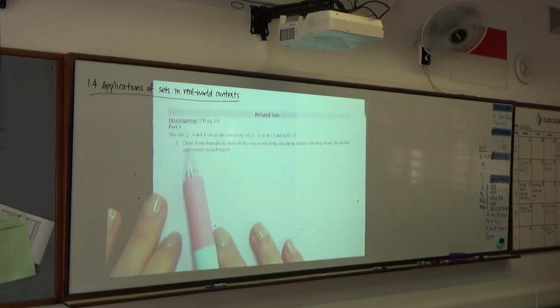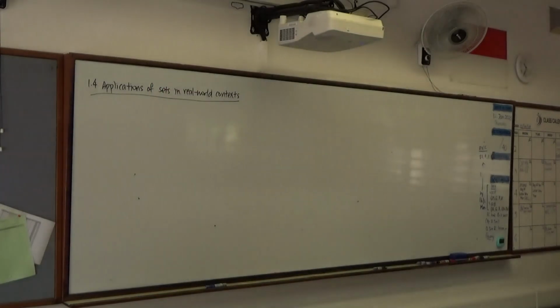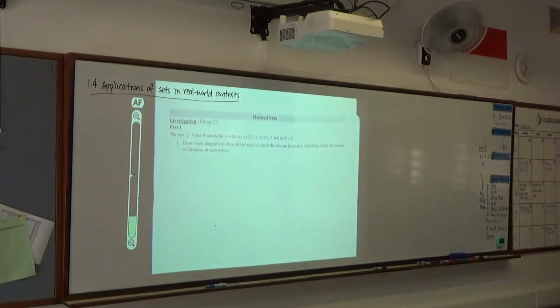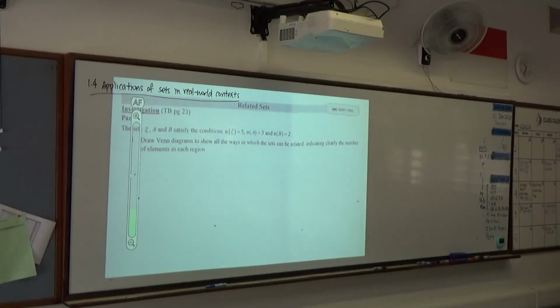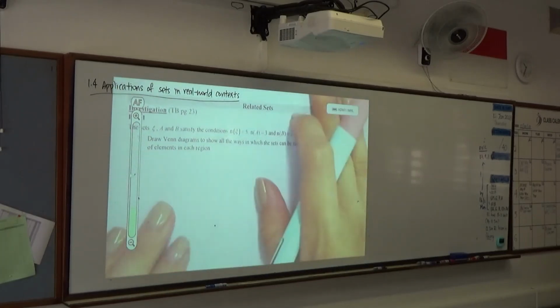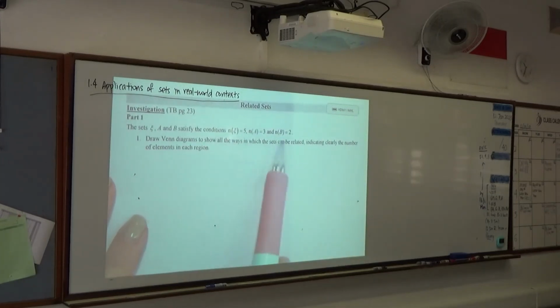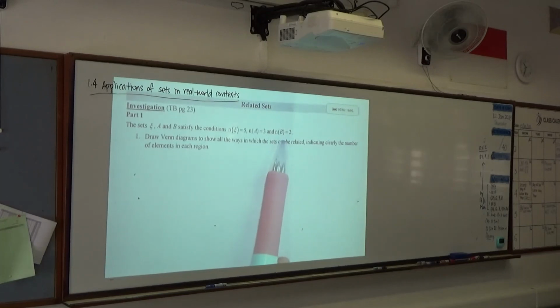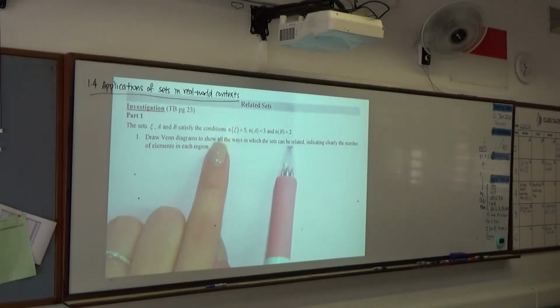Looking at this question here, let me zoom in. It says that the universal set and A and B satisfy this condition. They did not tell you what the elements in this set are.